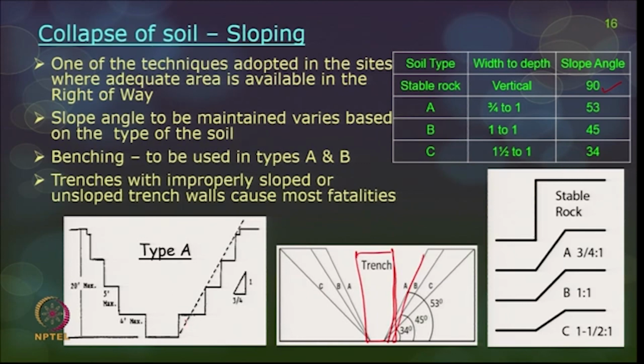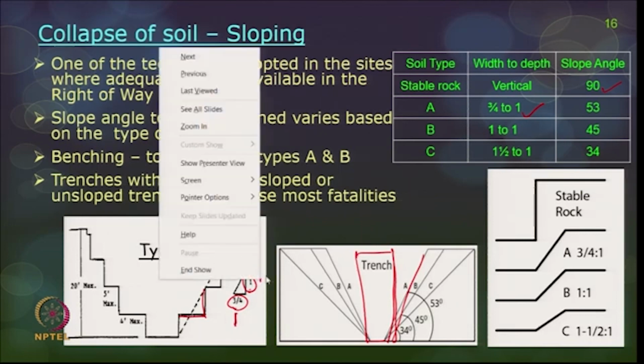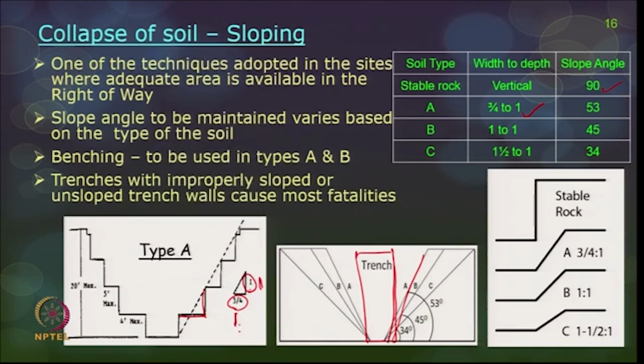If you maintain your horizontal width as 3/4 and your vertical as 1, this is for type A soil. For B, this will be 1 and this is also 1, and for type C soil, this is 1.5 and this is 1. Type C soil generally happens like this, and this is your type B soil, which is what is shown here. So, you will have a very low slope for type C, and a little steeper slope for type A soil.